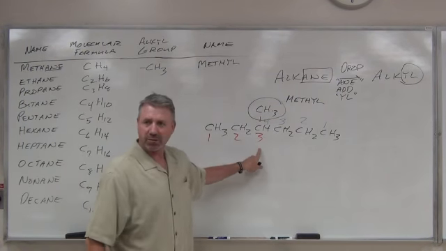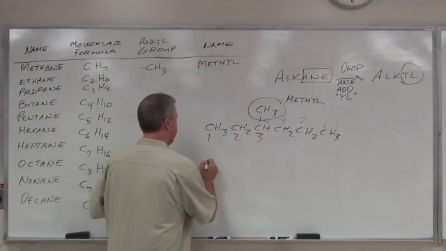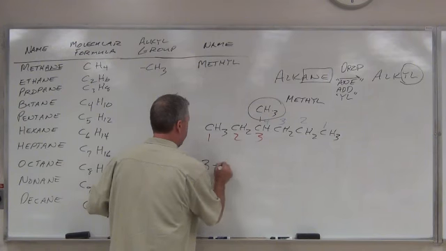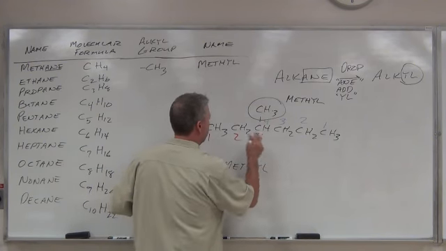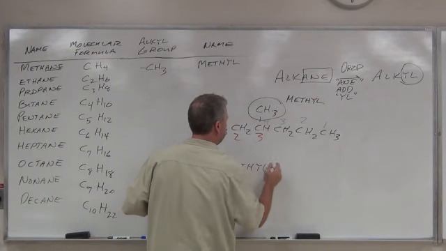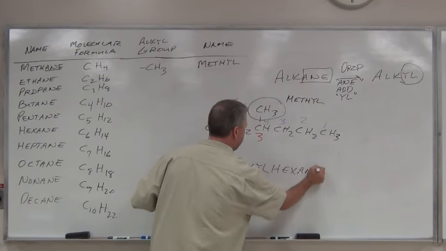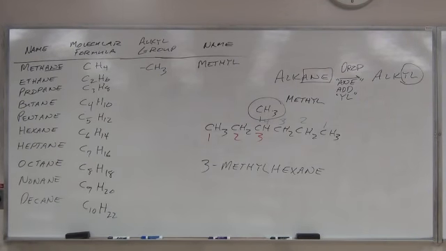I want the one that gives me the lowest number on my first point of substitution. This is 3-methyl hexane. You treat the alkyl group just like any other substituted group.